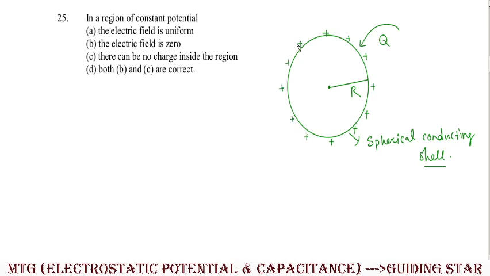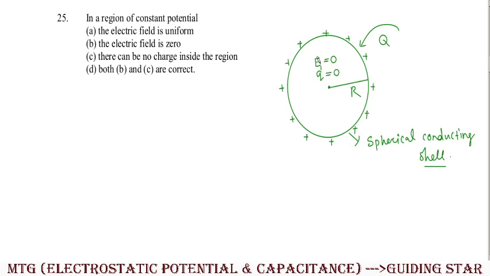Clear? Then in that particular case, what actually happens is that as no charges reside inside the given conductor, inside the conductor electric field is zero. Clear? And if electric field is zero, then we can say that no charge is inside the conductor.